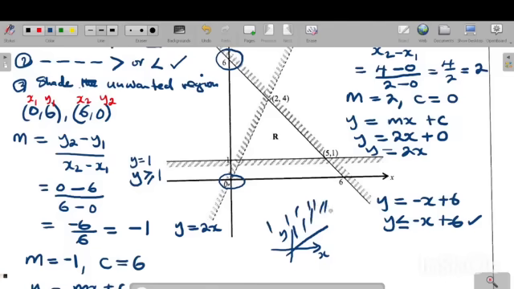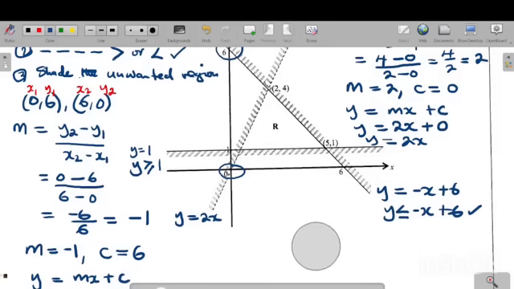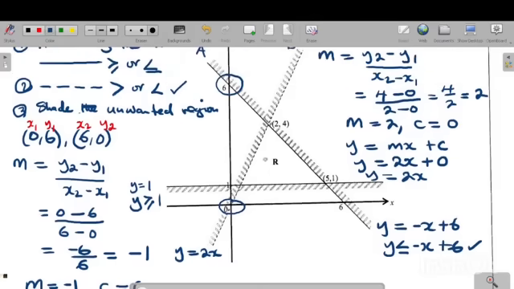If this part is shaded like this, it means this is the greater part, and the down part here is the less part. With this information, let's go ahead and decide the inequality for this. This is the greater part. Sorry, this is the less part.